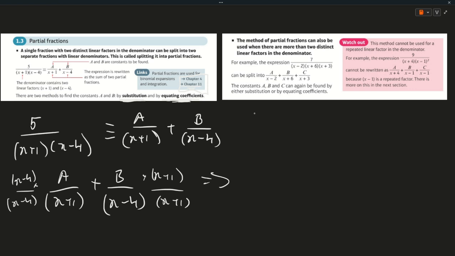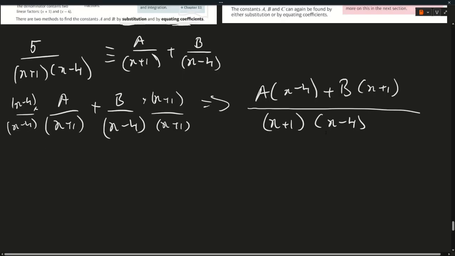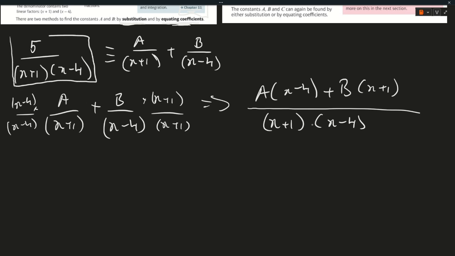When we do that, we get a lots of x minus 4 plus b lots of x plus 1, divided by x plus 1 times x minus 4, is equal to the partial fractions we had before. And what can you tell me about this complete form? It looks strikingly similar to what we initially had with the 5 over x plus 1 times x minus 4.